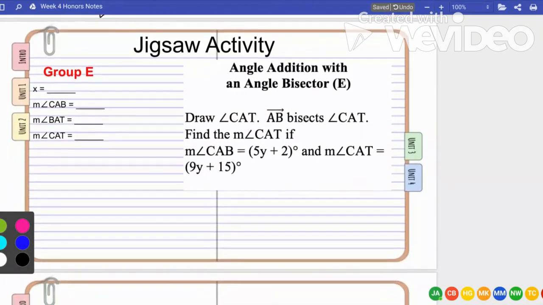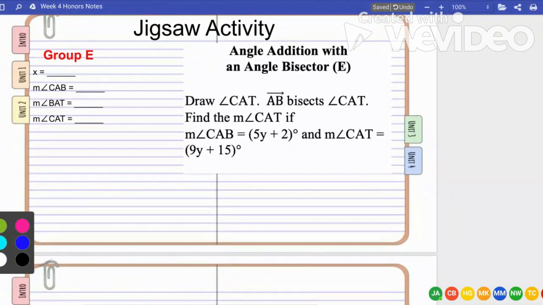Last but not least, we have an angle addition with an angle bisector. So draw angle CAT. AB bisects angle CAT. Bisect, again, remember from the last example, splits it into two congruent pieces.